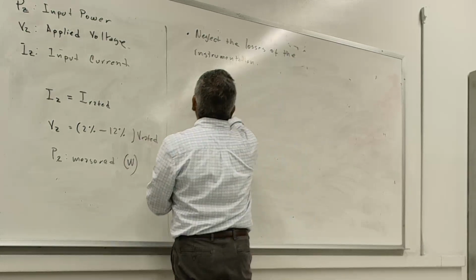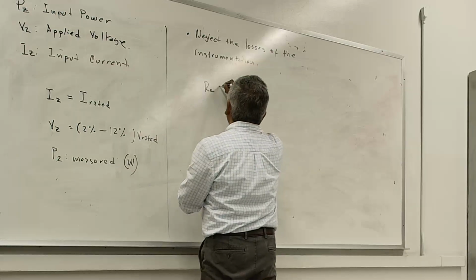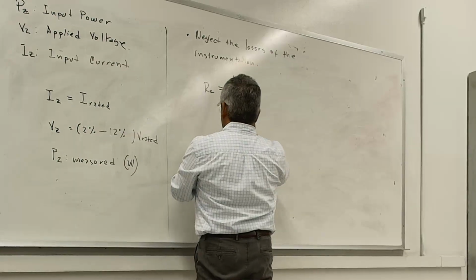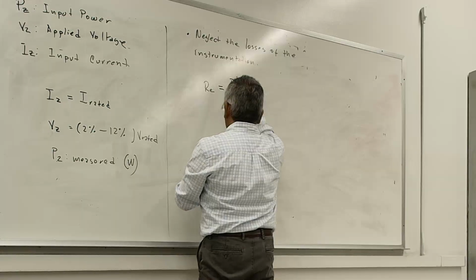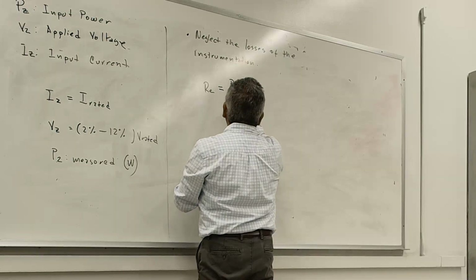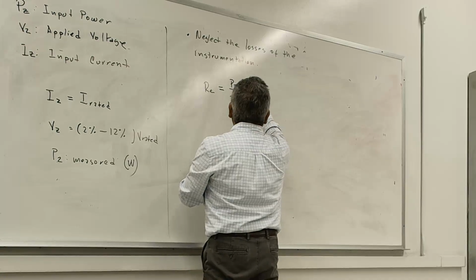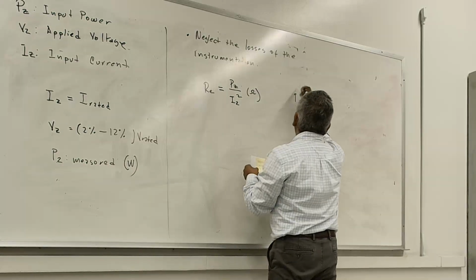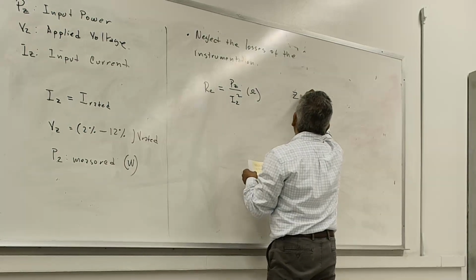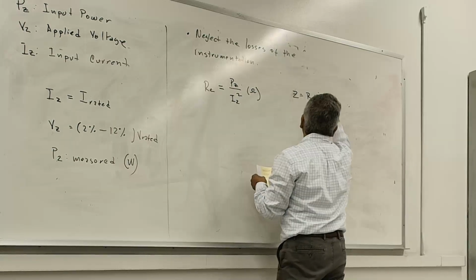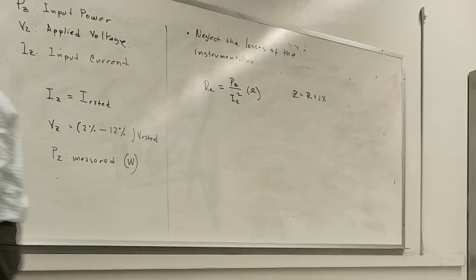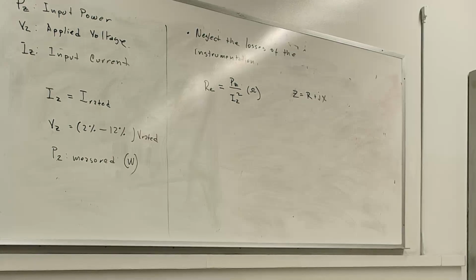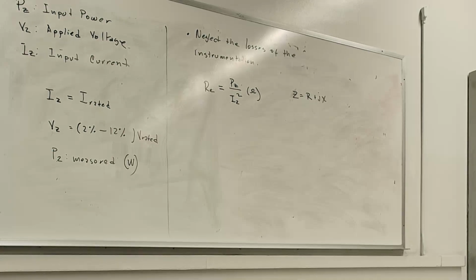So then we have this RE, which is equal to, using these values, PZ divided by IZ squared, and that gives me a value in ohms, okay? Z is equal to R plus JX. You remember that from the transformer, right? Your primary, secondary resistance, so your combined, what we call the R equivalent, X equivalent, and Z equivalent of a transformer.